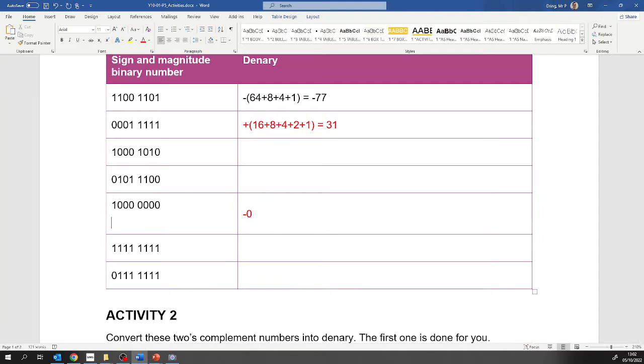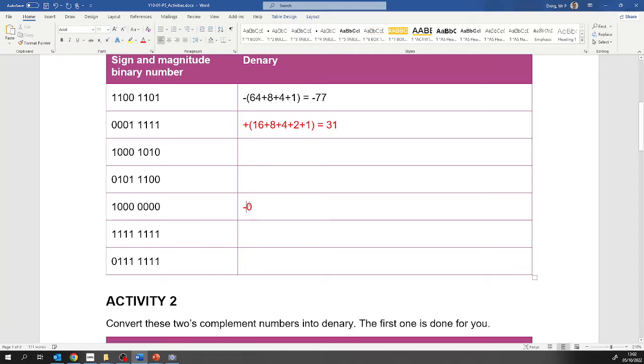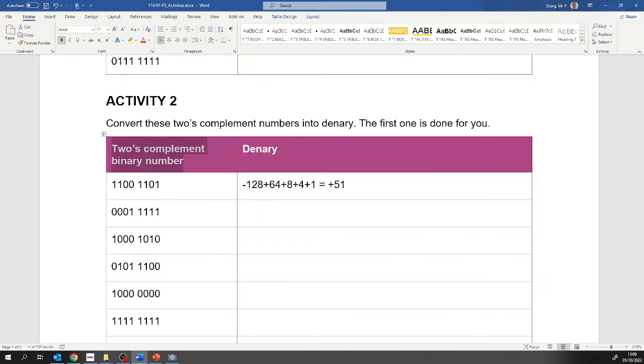But from a computer's perspective, these two different binary representations both store the same value. That's negative 0 and that's positive 0. And there shouldn't be different representations of what is mathematically the same thing. So that's the second reason why sign and magnitude is stupid. But we still have to learn it anyway. So let's go through activity 2 and have some examples.